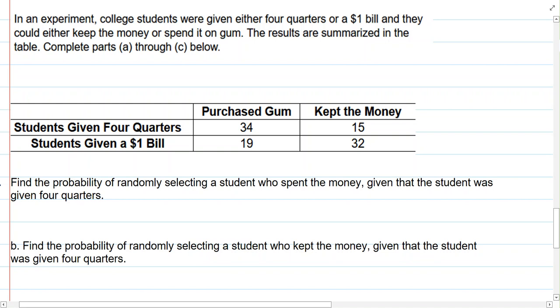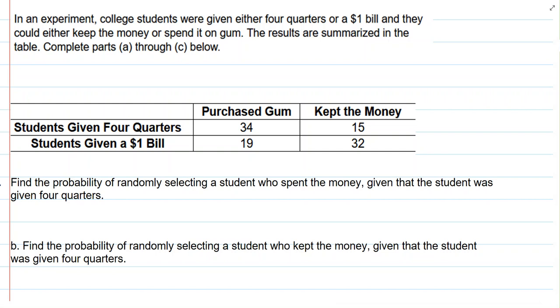So we have two structures here. Students given 4 quarters and students given a dollar bill. 34 were given quarters and purchased gum. 15 of the total kept the money, the 4 quarters. Students given the dollar bill, 19 purchased gum and 32 kept the dollar bill. Automatically, you can see the connection of choice.